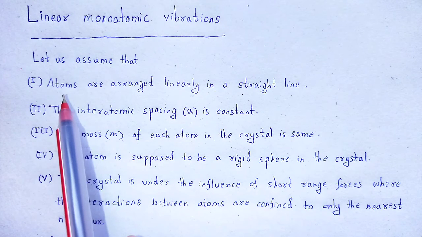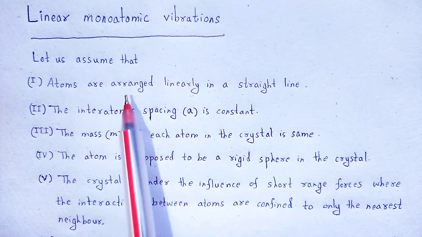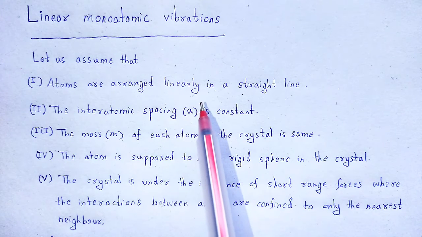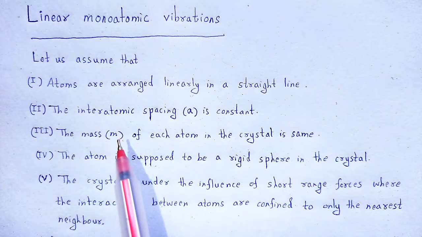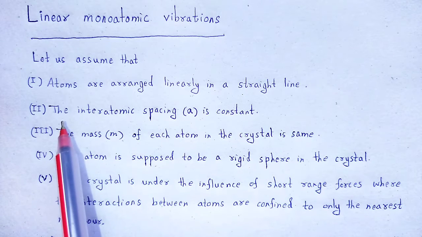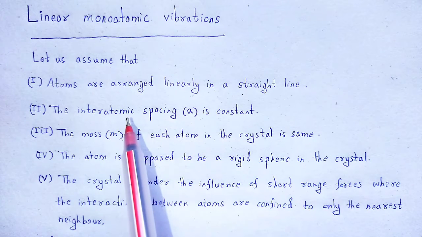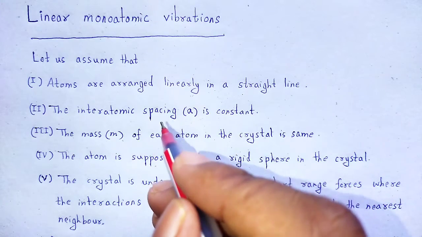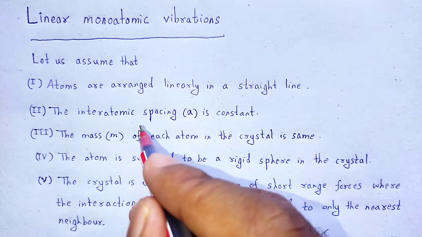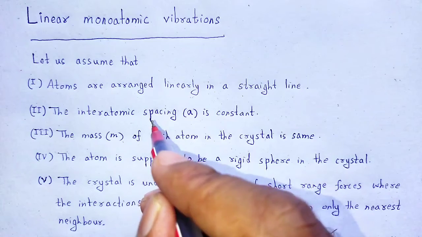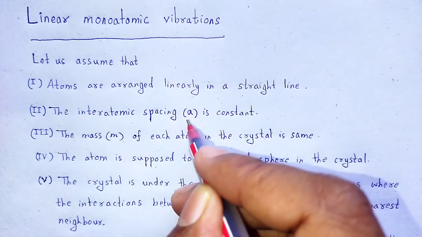First point, atoms are arranged linearly in a straight line, and the interatomic spacing is a constant. That interatomic spacing, the distance between two consecutive atoms, is a.